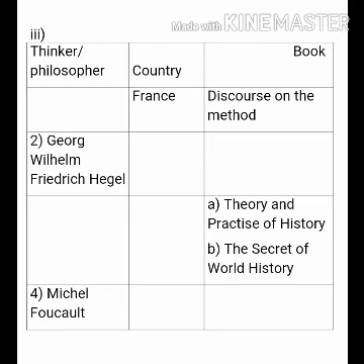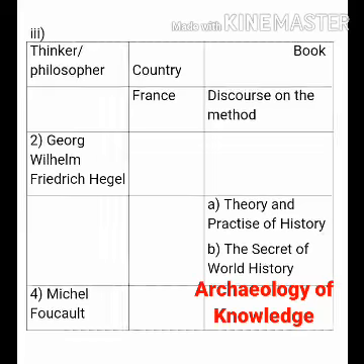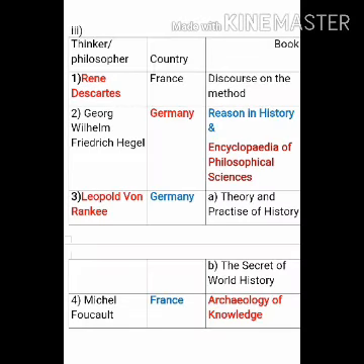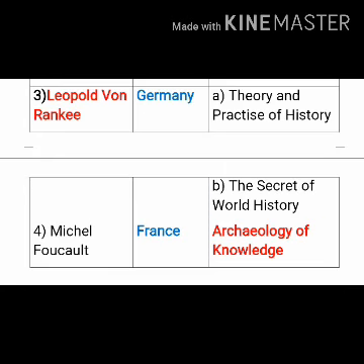Now in the fourth one, the philosopher's name is given, that is Michael Foucault. So Michael Foucault belongs to the country France, and he wrote the book Archaeology of Knowledge. So now students, note down the answers of the complete the table. These are more clear images, so you can write down from here.